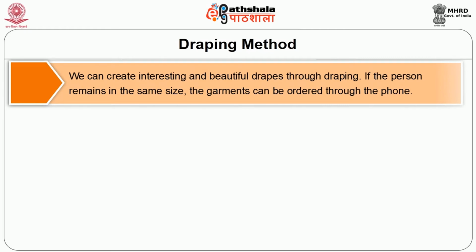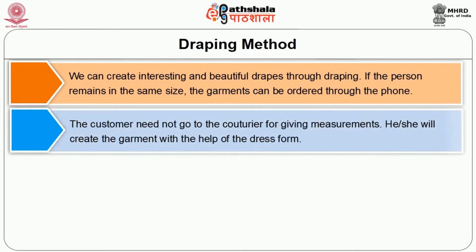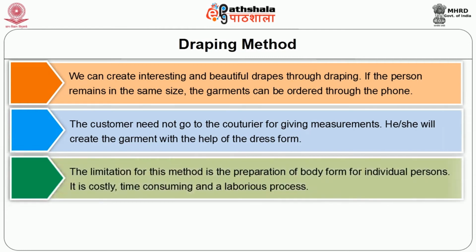If a person remains in the same size, the garments can be ordered through phone. The customer need not go to the couturier for giving measurements. He or she will create the garment with the help of the dress form. The limitation for this method is preparation of body form for the individual persons.